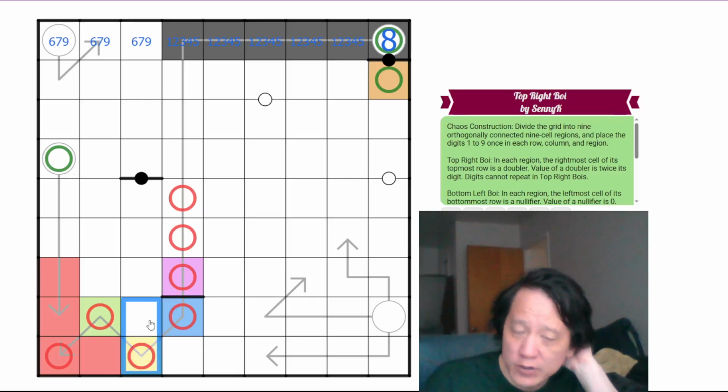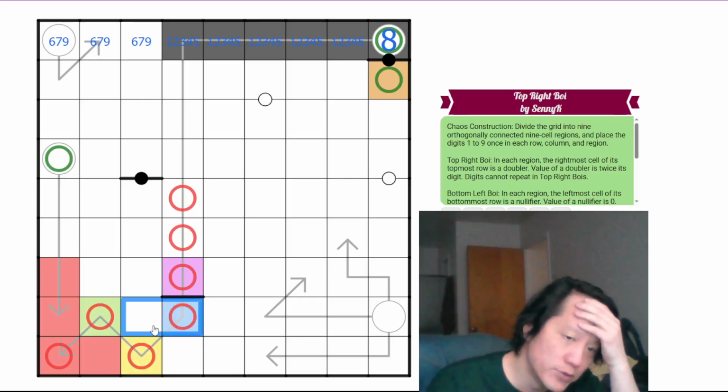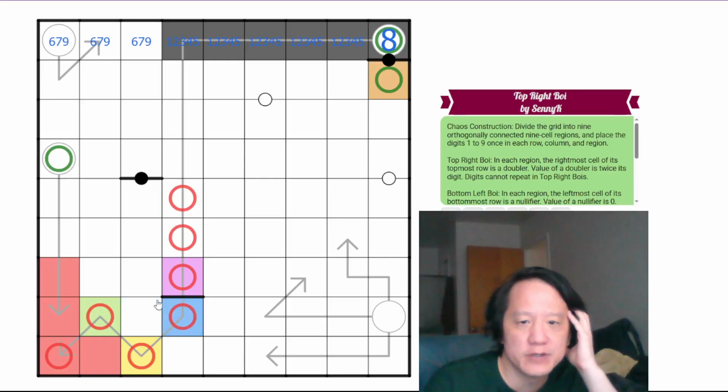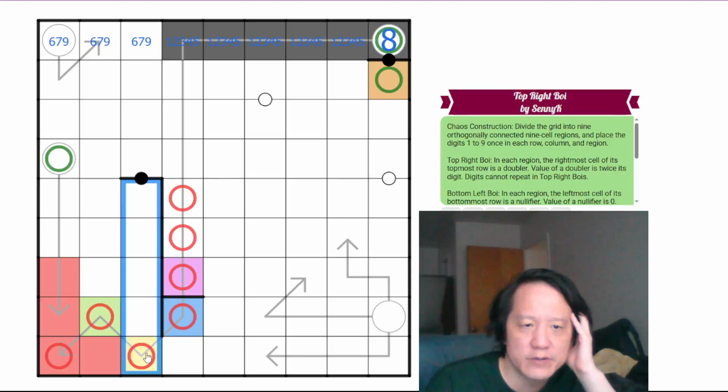So yellow could go here. Blue cannot, so this is a boundary here. Pink cannot. This cannot. This cannot. That's an interesting boundary.